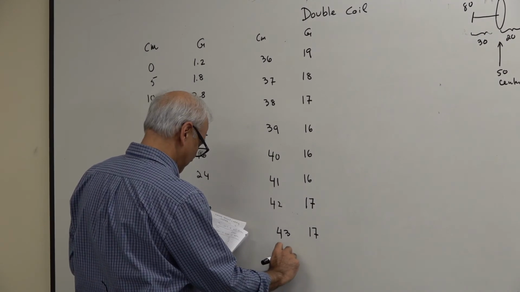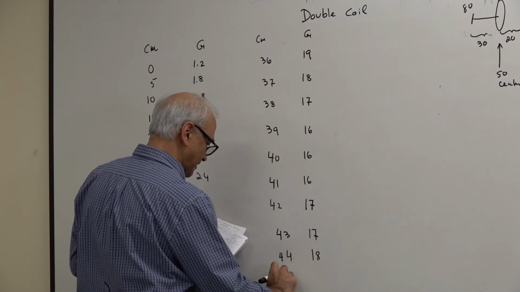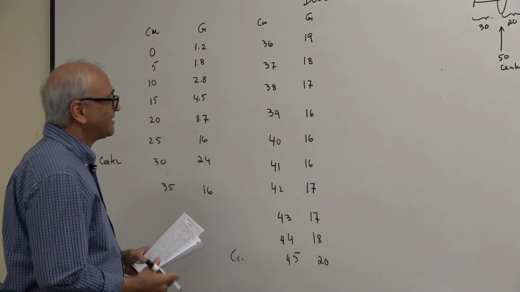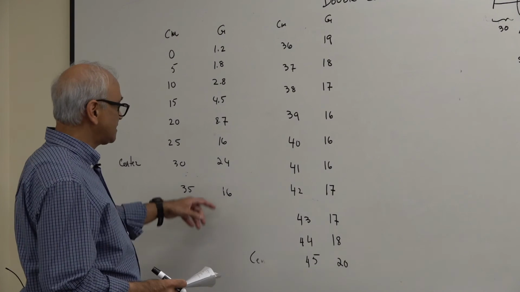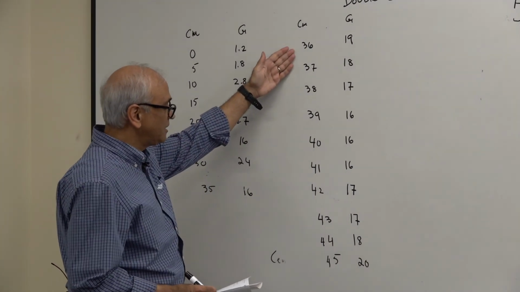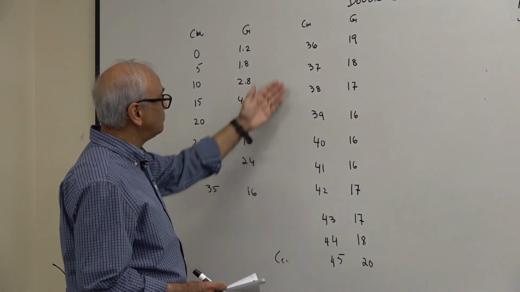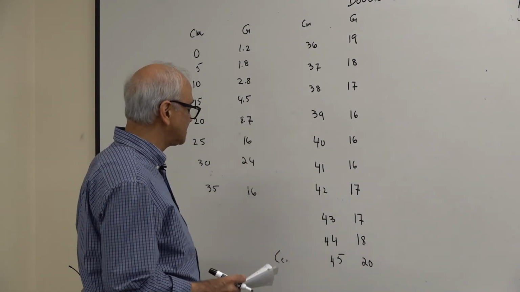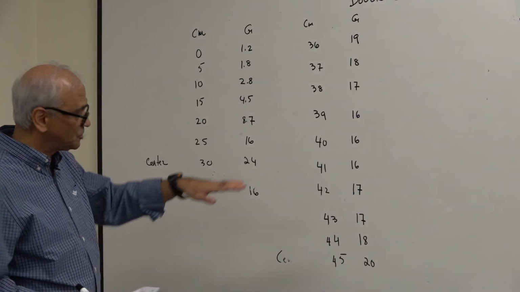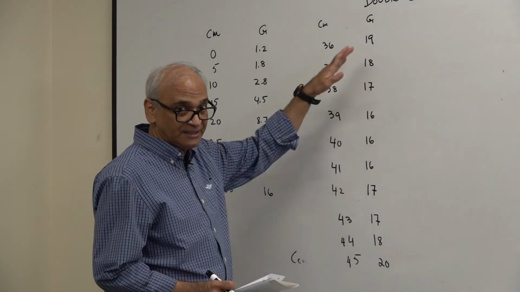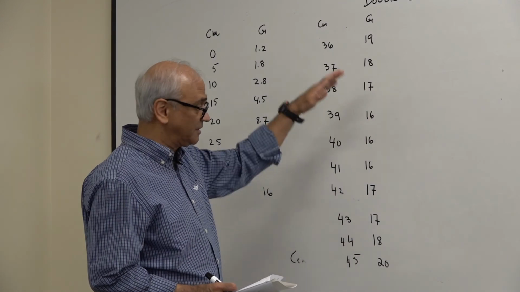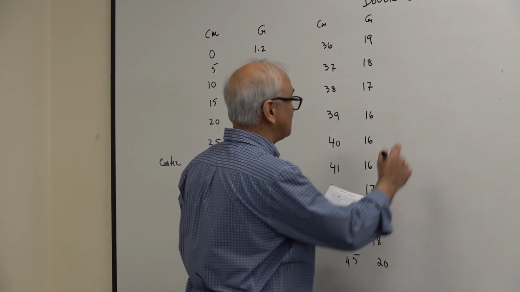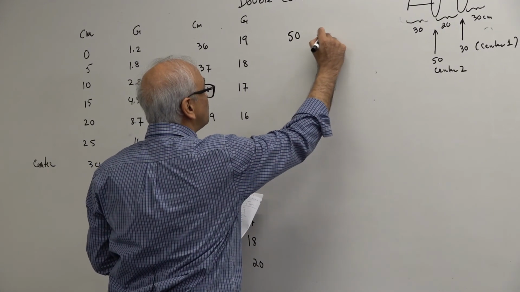Then 44 is 18, and 45 is 20. Okay, so I'm not done yet. What I have done is actually, right after 35, we got 1, 2, 3, 4, 5, 6, 7, 8, 9, 10 numbers, 1 centimeter apart, just to show how stable that magnetic field is. And then I'm going to jump again to our 5 centimeter steps. 50 is 24.